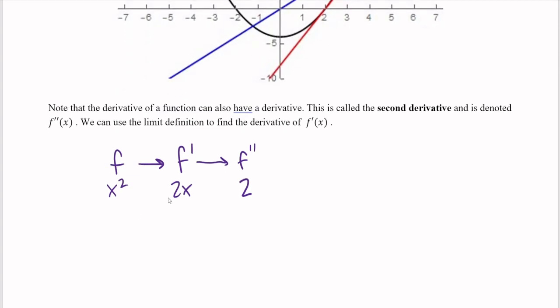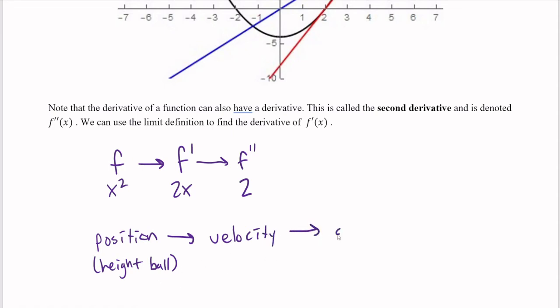If you like thinking in terms of more real-world stuff, the common thing to think about here is this is position. Think like the height of a ball being thrown, because we've done that example a few times. This is velocity, how fast the ball is moving, and this next one is acceleration.